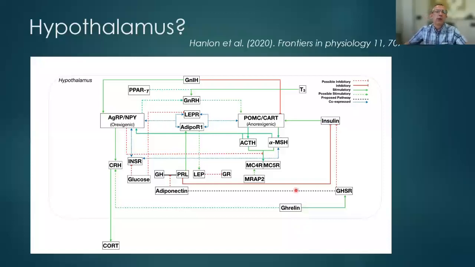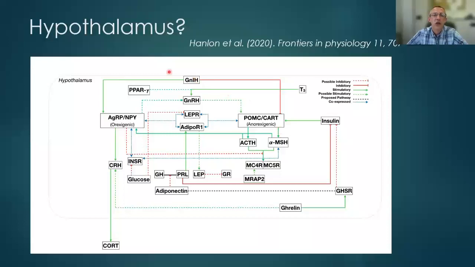So just to give you a little hint, and not to make it overly complicated, here is a highlight of a couple of key things that we have been looking at. As I mentioned, GnRH and GnIH are the key ones that will regulate the overall activity of the reproductive axis. Interestingly, especially for GnIH, this is directly linked to appetite control.